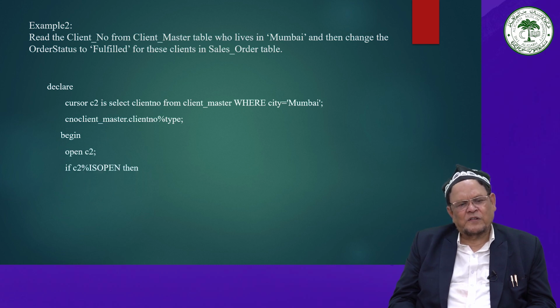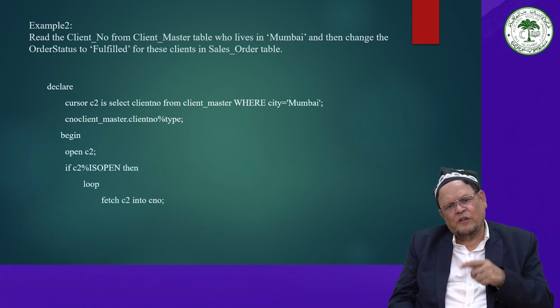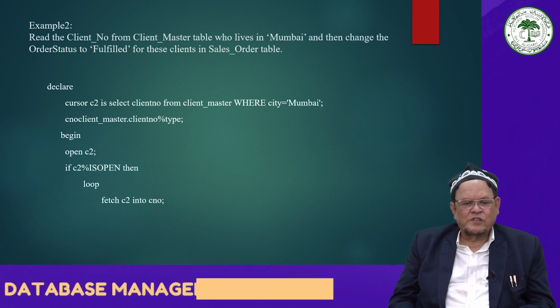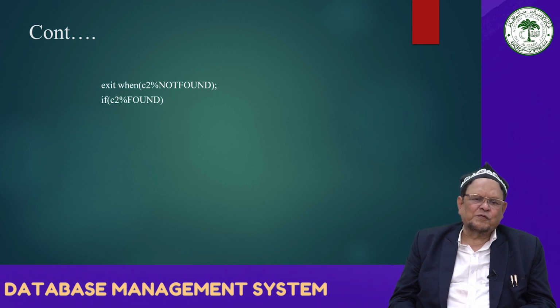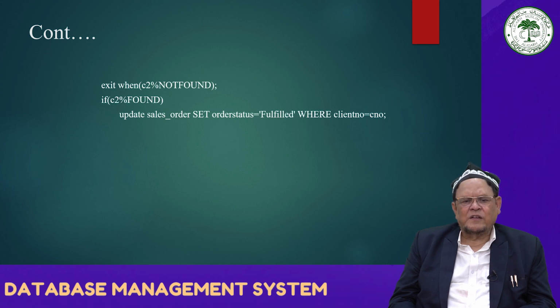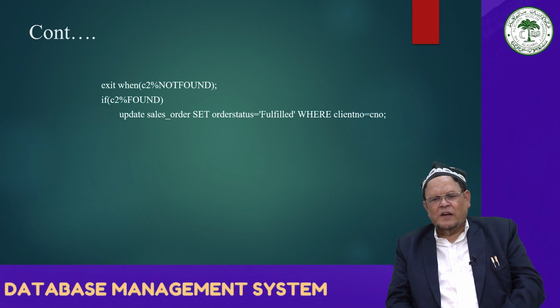Then if C2%ISOPEN, then loop. Then you have to fetch the value. Fetch C2 into CNN. Then exit when C2%NOTFOUND. If not C2%NOTFOUND, then update sales order set order status equal to fulfilled where client number is CNN.